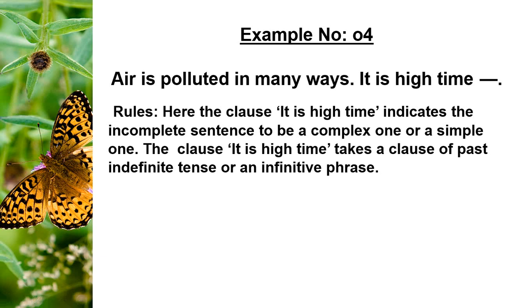The clause "it's high time" takes a clause of past indefinite sentence or an infinitive phrase. If we have subject, then we have to use past indefinite tense. But if we don't have any subject, then we can turn the next part into an infinitive phrase to make simple sentence, or we can also use a subject to make complex sentence with V2.